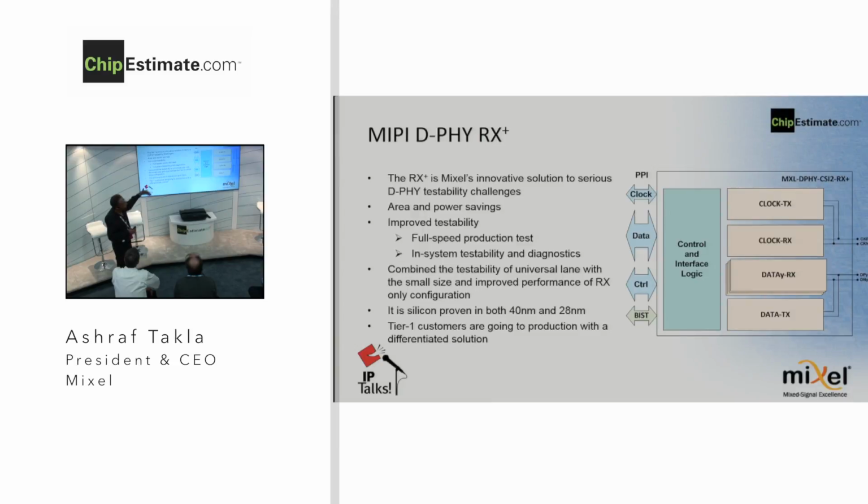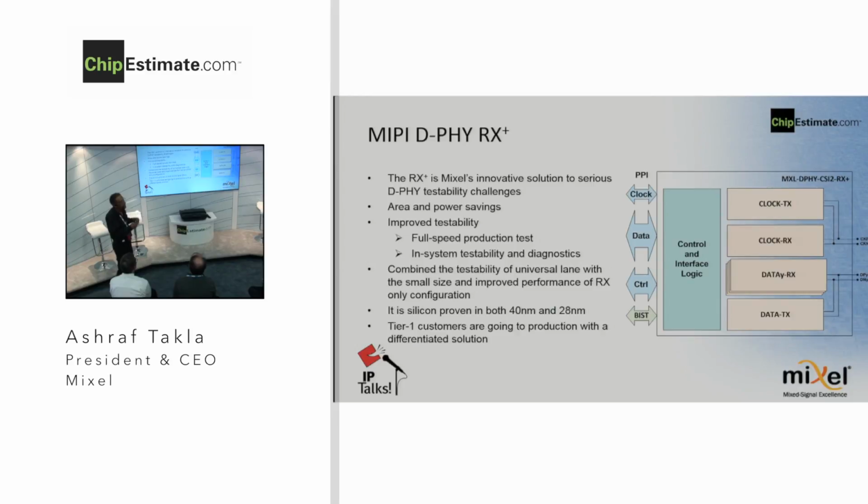So this configuration was developed in collaboration with one of our automotive customers, where testability is very important. In-system test, and full speed testability in system and on the production floor, are very important, while of course the area and the power are just as important. So basically this configuration eliminates multiple transmitters that the regular configuration would have.